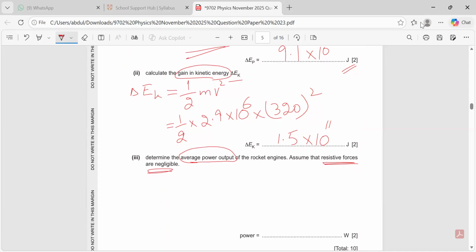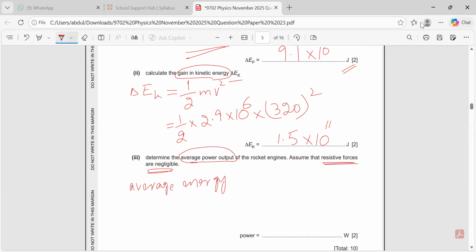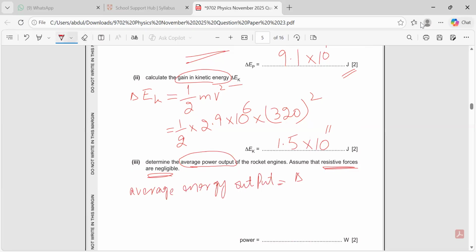So my dear friends, first of all, I'm going to calculate the average output energy. That will be equal to the gain in potential energy plus the gain in kinetic energy.